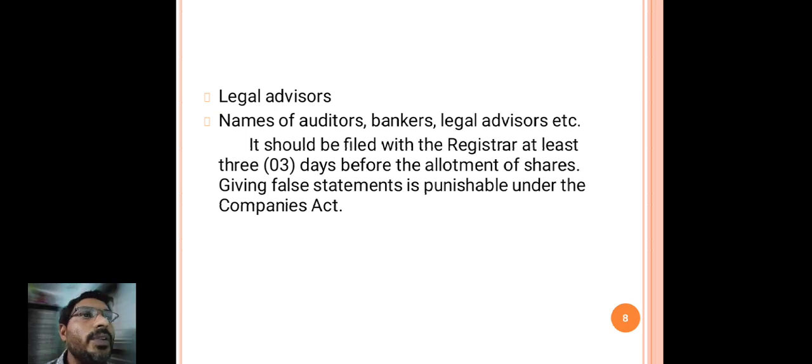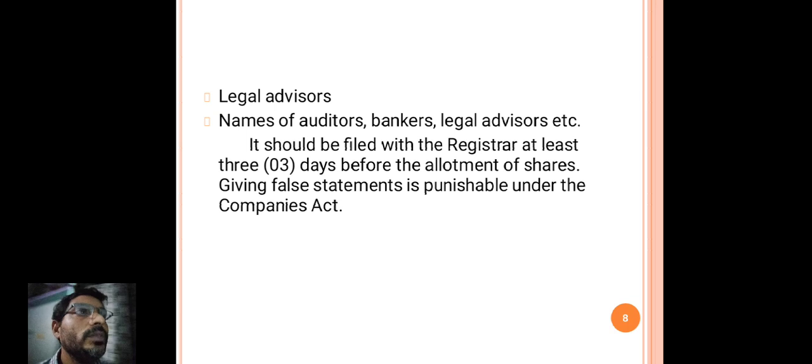Here one important point is that giving false information, giving wrong information, or mentioning wrong information either in the memorandum of association, the articles of association, or in a prospectus is punishable.